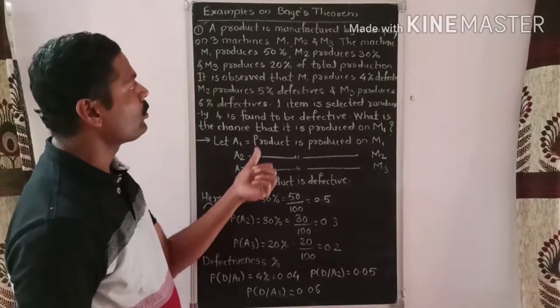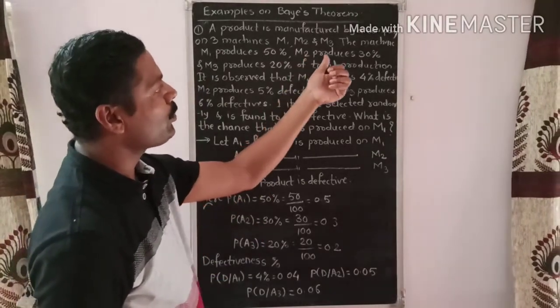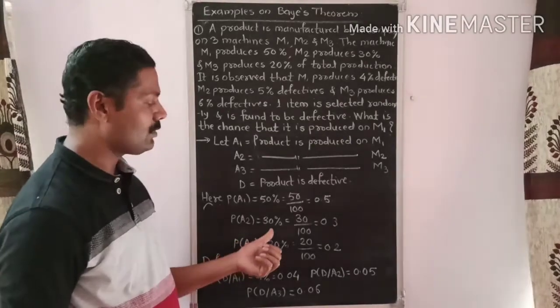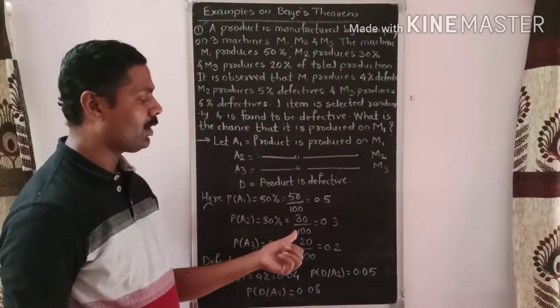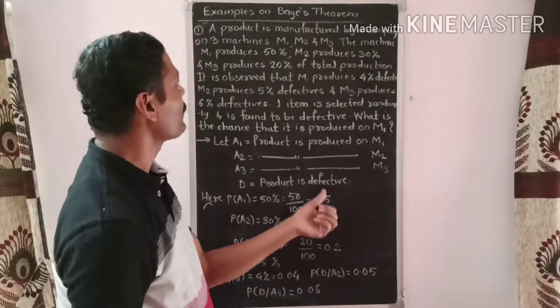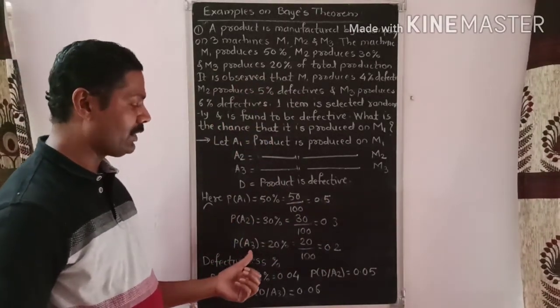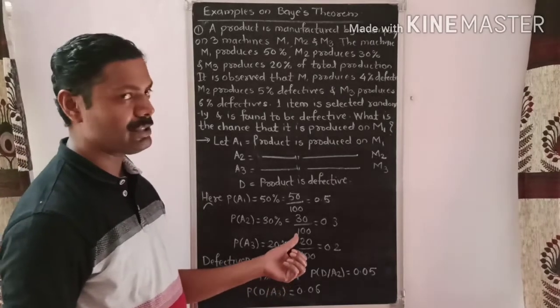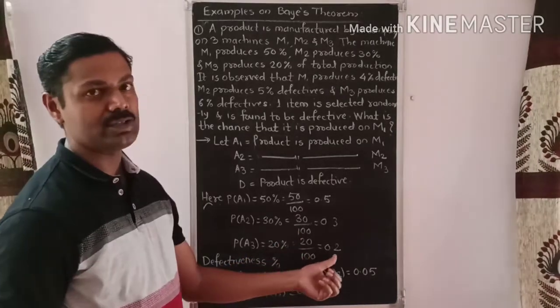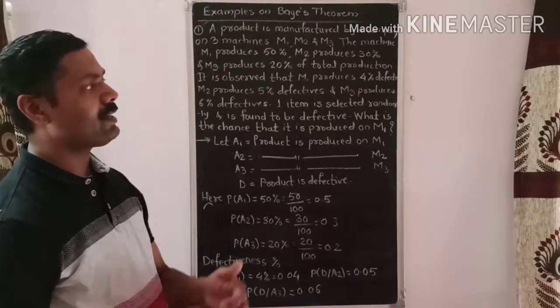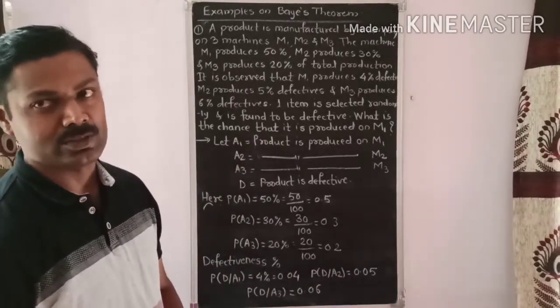P of A2: M2 produces 30%, so P of A2 is 30 upon 100, that is 0.3. And M3 produces 20%, so P of A3 is 20 upon 100, that is 0.2. One more piece of information is given, about defectiveness.